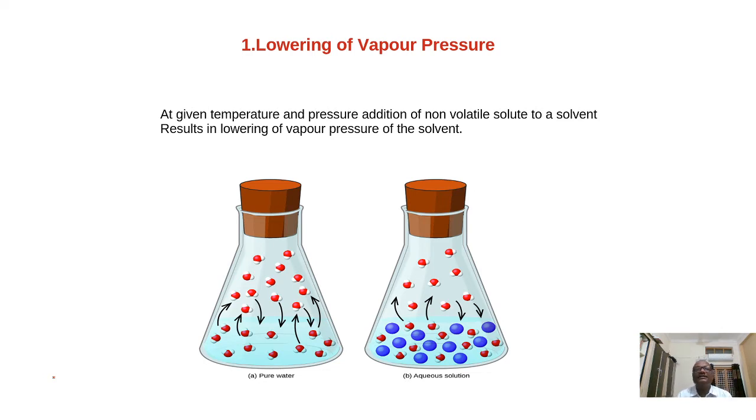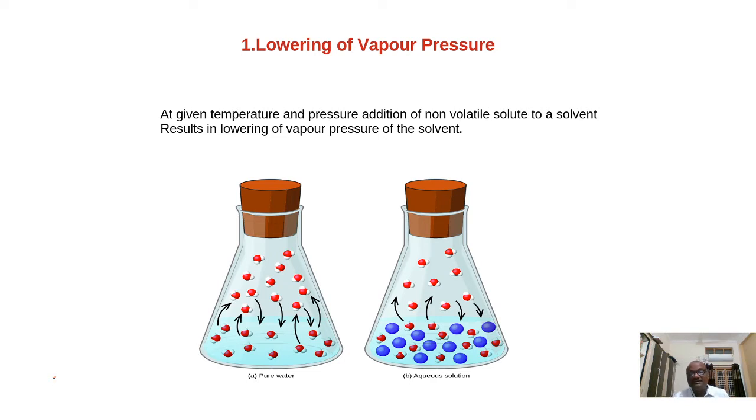Under this condition, the surface of the solution will now contain two types of particles, solvent molecules as well as solute molecules. The solvent molecules are able to evaporate, but solute molecules are not. Because they are non-volatile, they will not evaporate. Only the solvent molecules will evaporate.